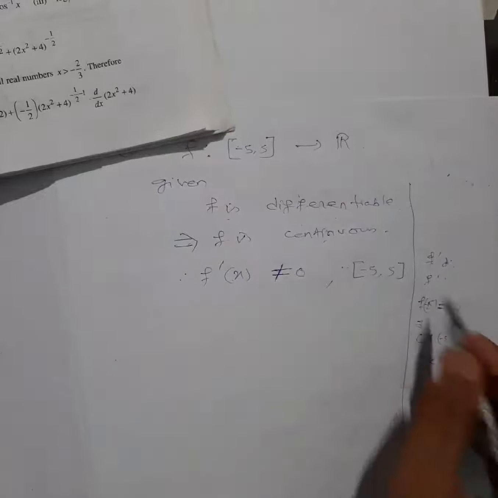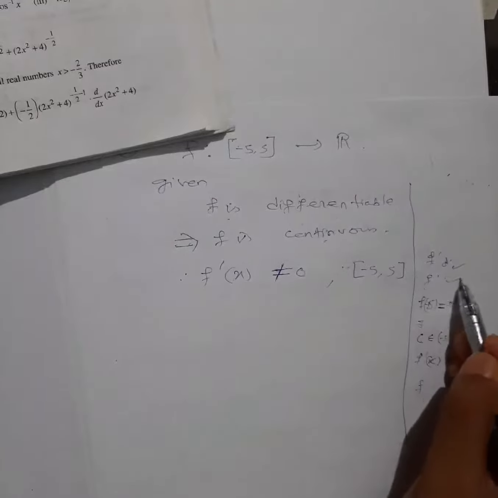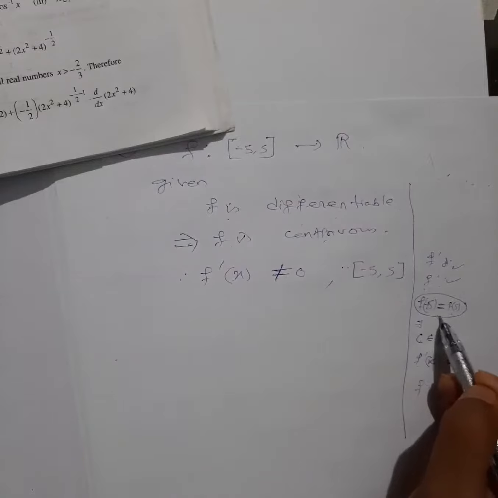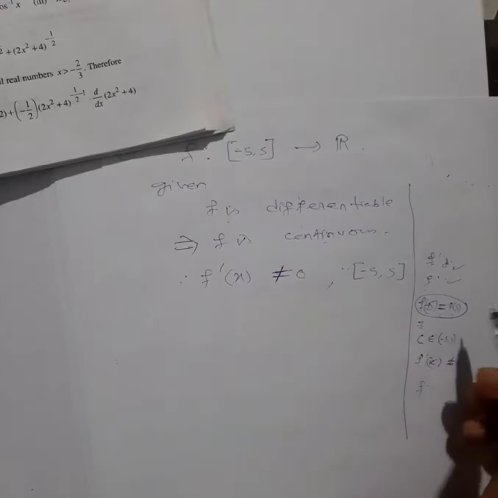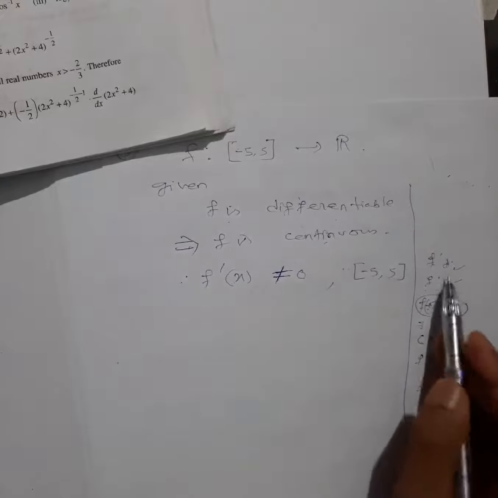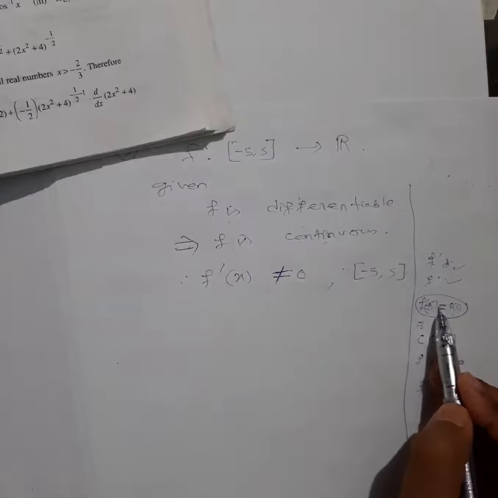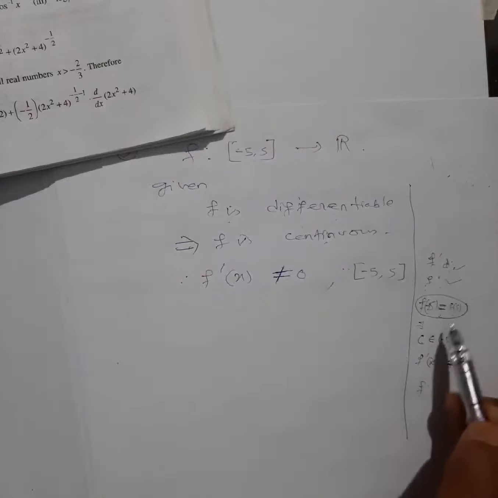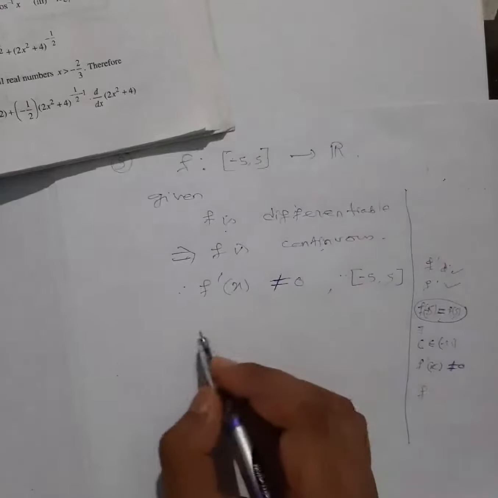Means what? When you do the converse, obviously if this and this hold, one must not hold, right? One of the conditions should not hold, then only the converse will not be true, right? So in this case, this is not equal means one of these conditions will not hold. Differentiable and continuous it is satisfying, so one of these will not satisfy the condition.